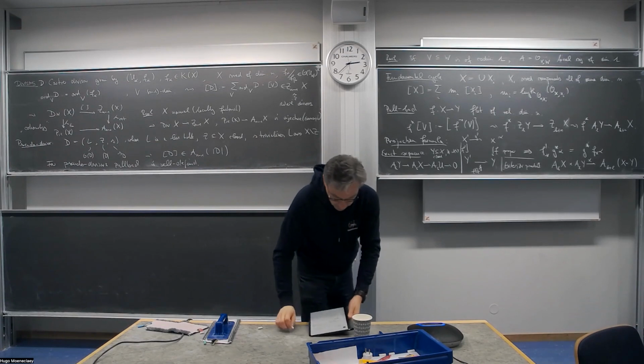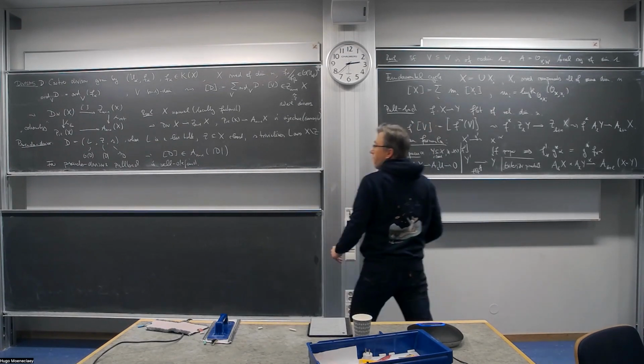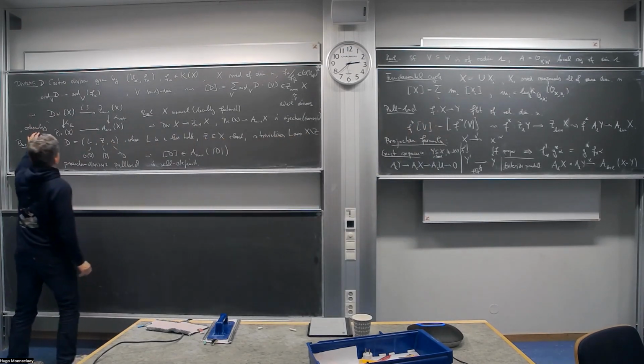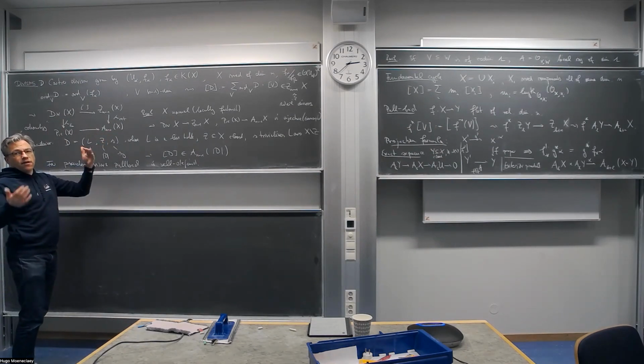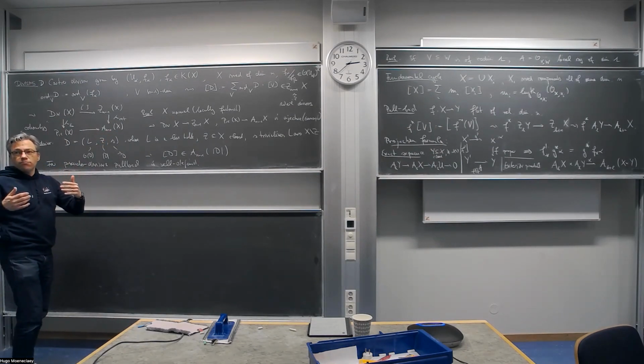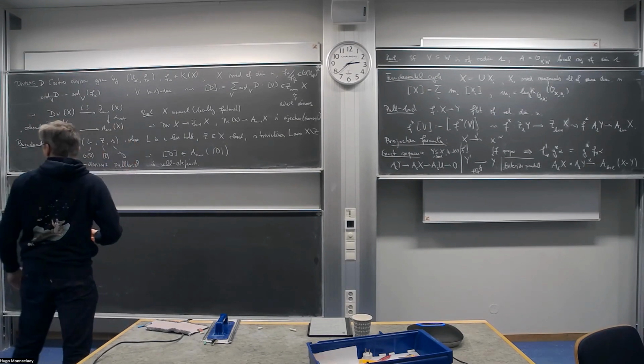Okay, and now we can start to intersect things, because when we have homology classes here and homology classes here, we should have some kind of cap product. This is what we get.